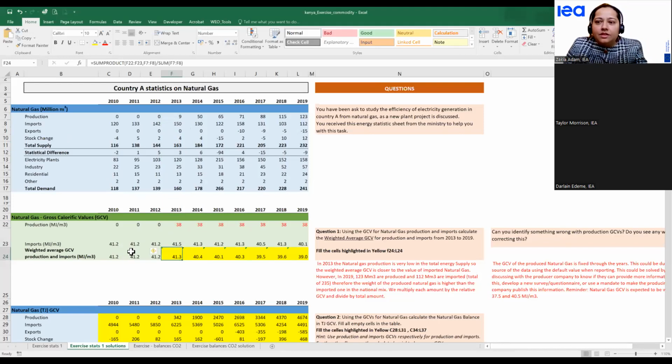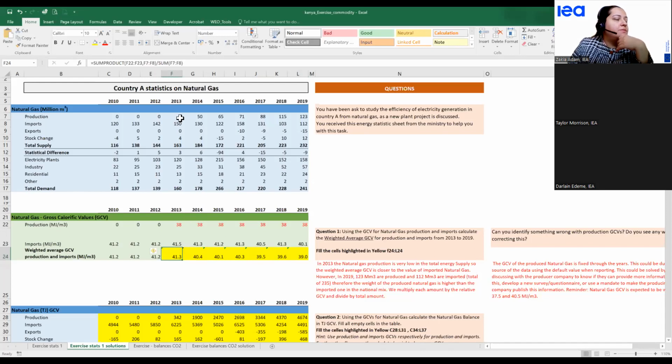In Excel, you can use the SUMPRODUCT formula, it's the same as I just described to you. So the same formula, you apply it till 2019 and you will get your calorific values. Here, what do we observe from the calorific values? For 2013, it's very close to the imports values.